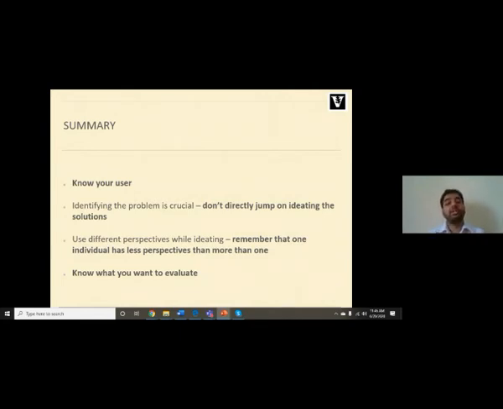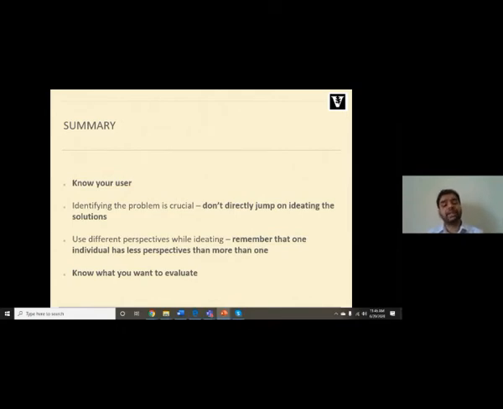It's also about what the different constraints of my users are, how my user starts using my product, how he ends using my product, what his complete user journey map is, right? So knowing my user is an important thing. The other important thing is identifying the problem. It is crucial. We should not directly jump into ideating solutions.